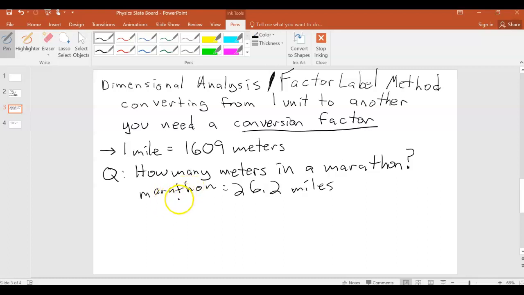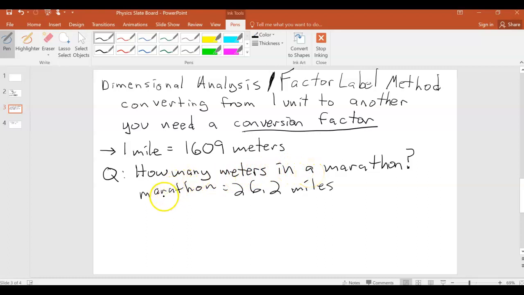But we have a lot of visitors from foreign countries who come to the US and run the marathons, and they're not familiar with what a mile is. So there are signs out there, and they have to do the conversion to put the mileage information into meters. All right, so how many meters are in a marathon?